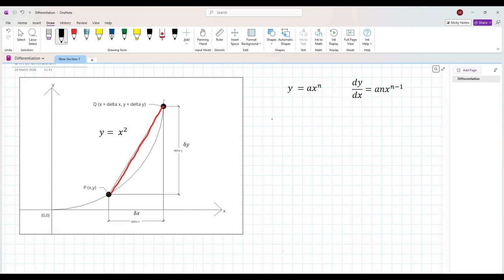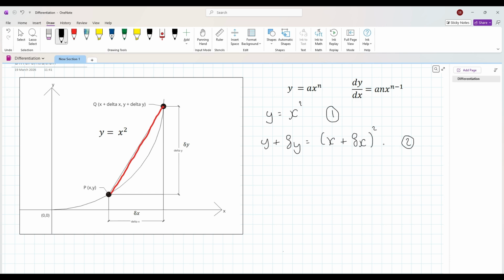So let's start by doing this. Let's write out the equation y equals x squared. Let's label this as equation 1. Next, using y equals x squared but substituting in point Q, we have y plus delta y equals (x plus delta x) squared, and this is equation 2.